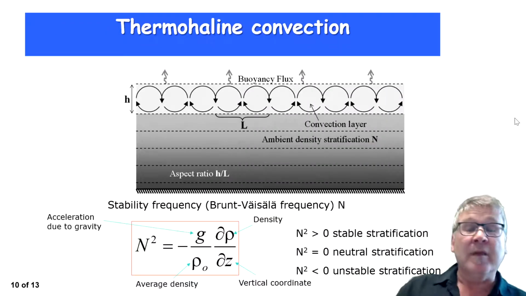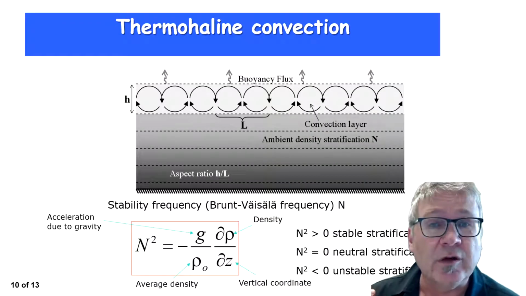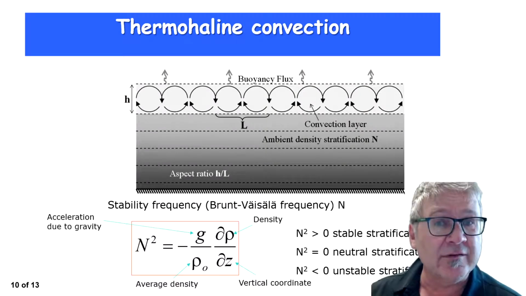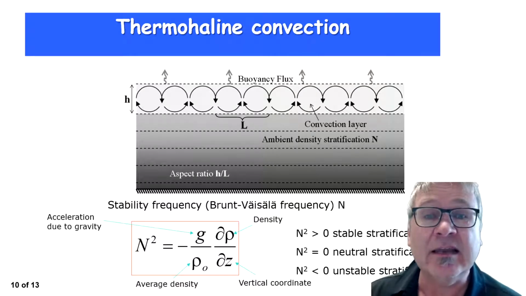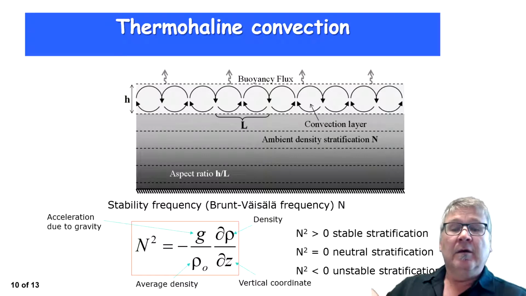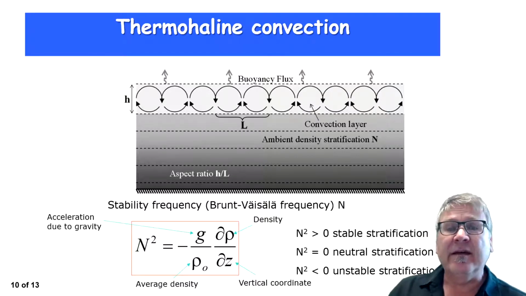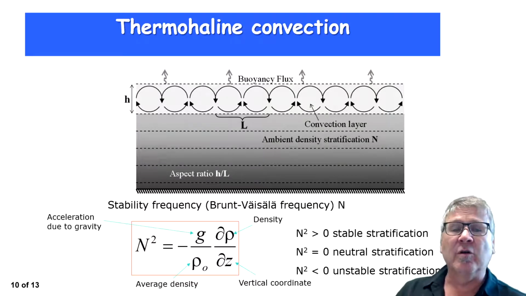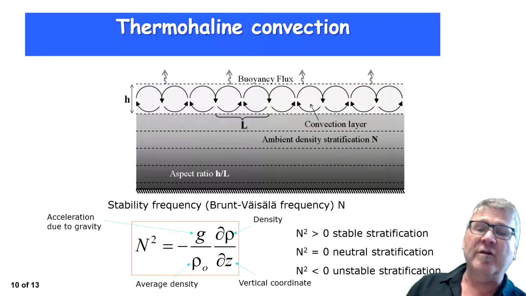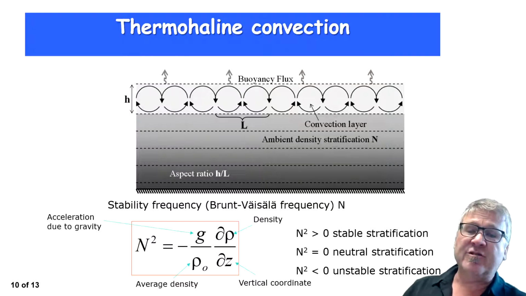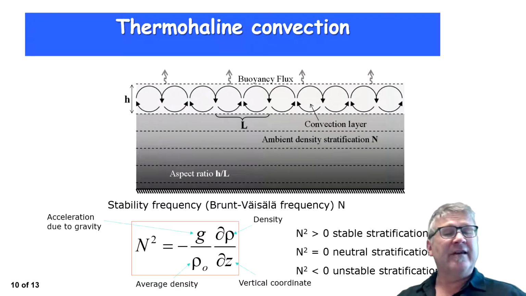Thermo relates to the cooling effect, and haline refers to a salinity effect. What it creates is something called convection cells, and the convection cells operate to mix the surface layers as shown in this little sketch, looking from the side.